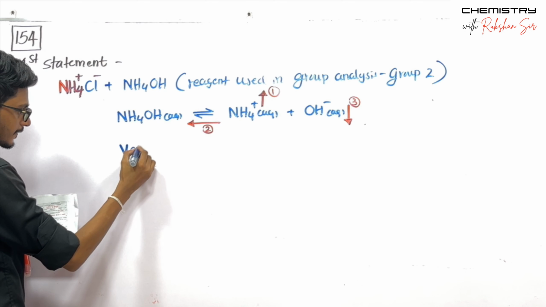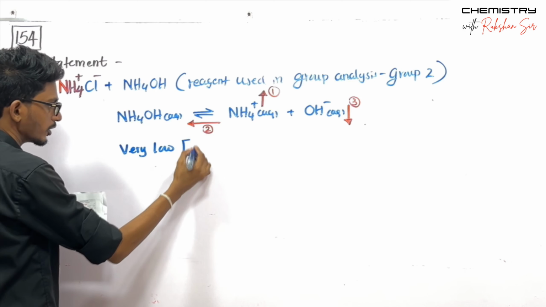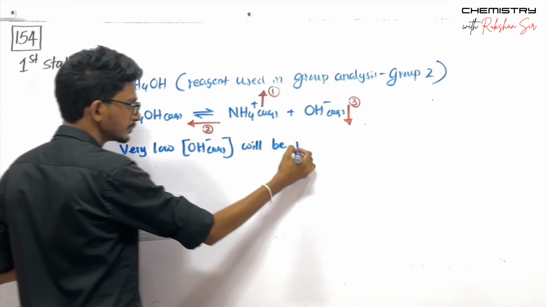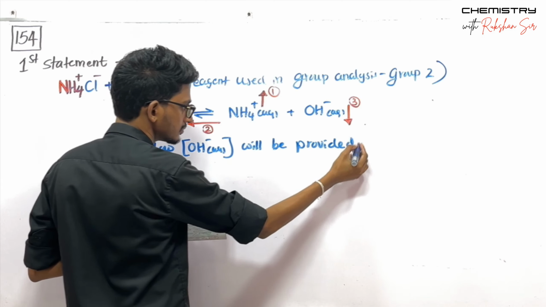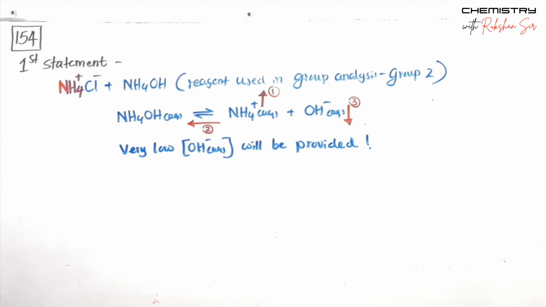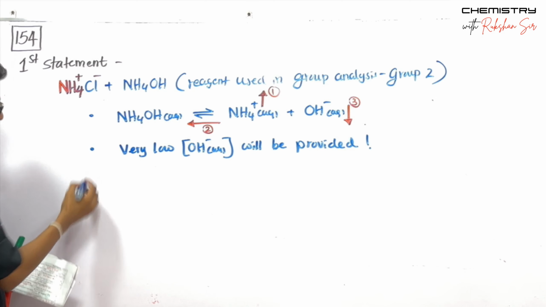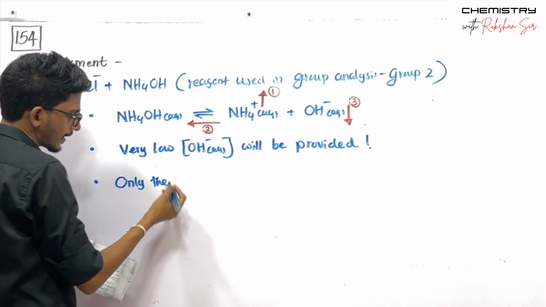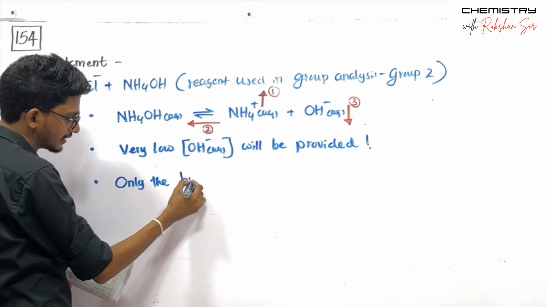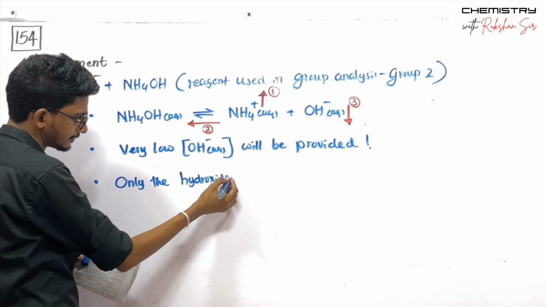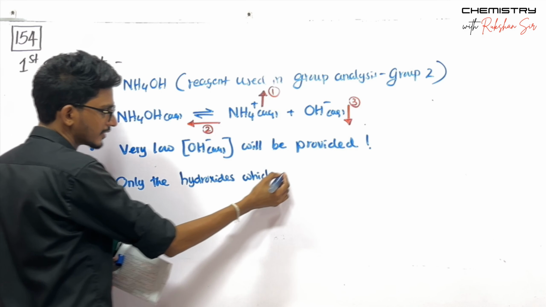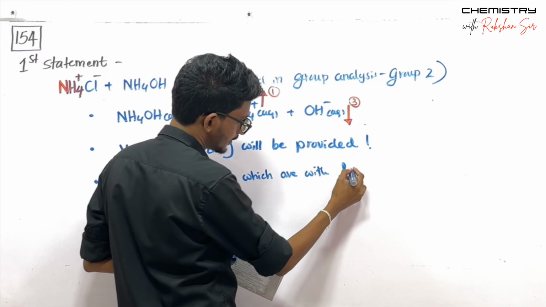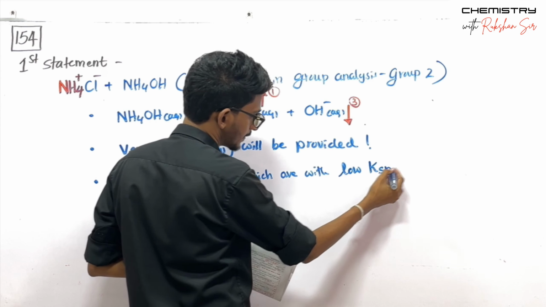Very low OH minus concentration will be provided by this reagent. So only the hydroxide precipitates which have low KSP values can be formed.